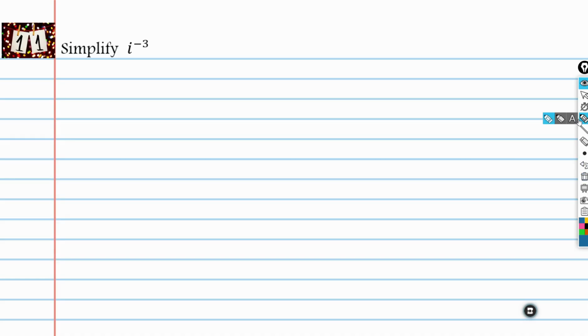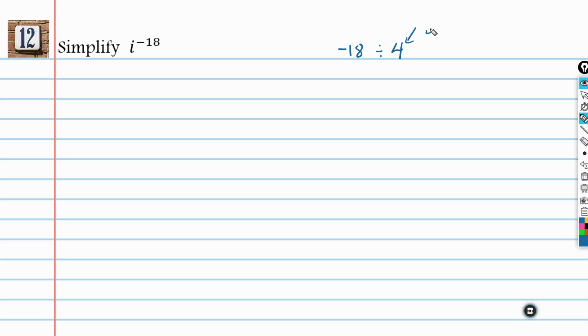Let's practice another one. It's negative 18. We're going to go through the same process again. It's negative, so we divide it by 4, and it's always going to be a 4 here. That number is always going to stay the same. When we divide by 4, we end up with negative 4.5. Rounded up, we have negative 5.